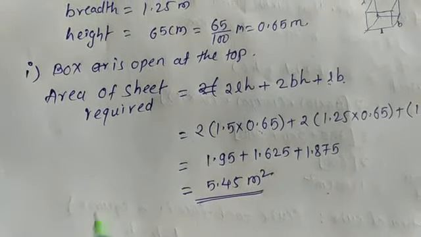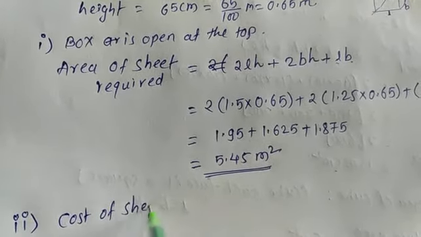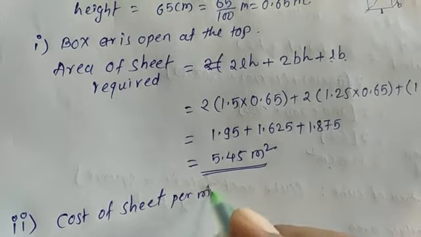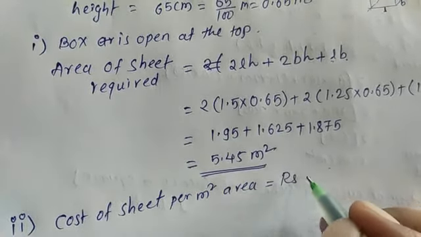Now in second part, the cost of sheet per meter square area is equal to rupees 20.